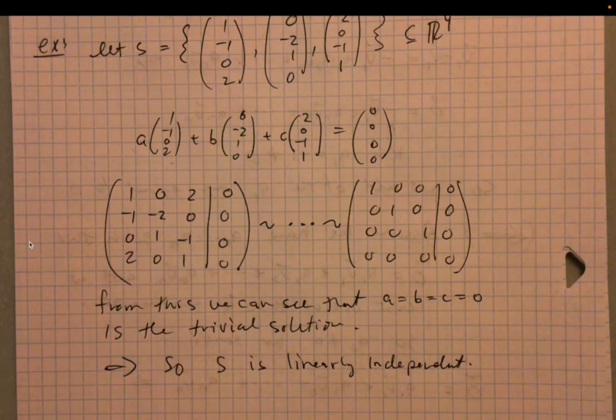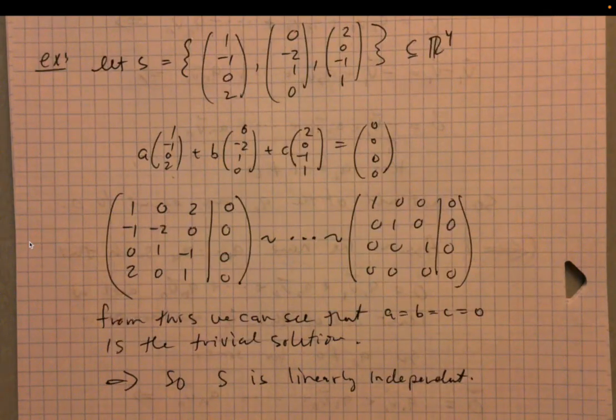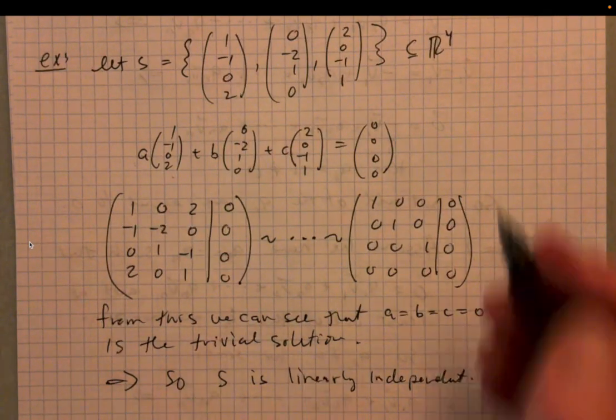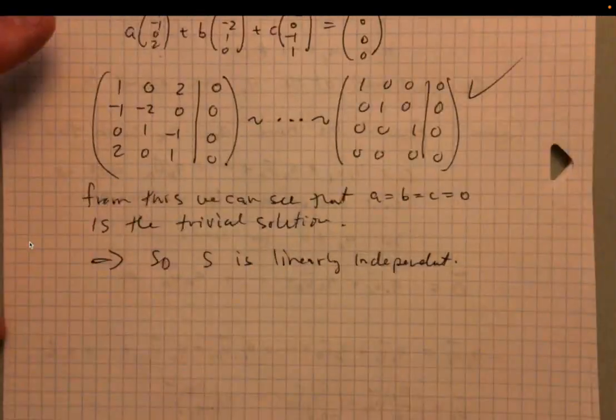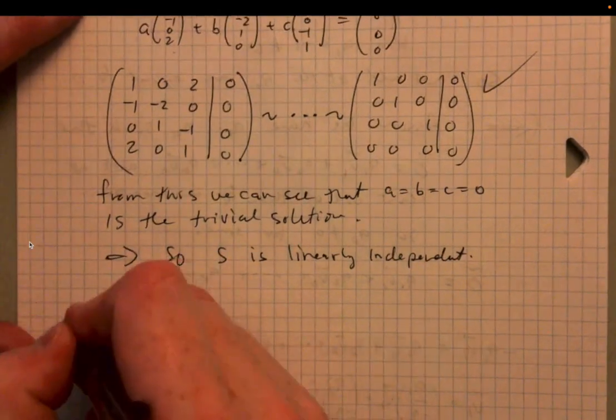In the case where it's not obvious, like in the earliest examples where you only have 2 vectors and one of them is clearly a scalar multiple of the other, you don't necessarily have to go through this. But in a case like this, where it's not obvious whether some of these vectors can be written as others, this is the most efficient approach. Just plug it into a matrix and run it.